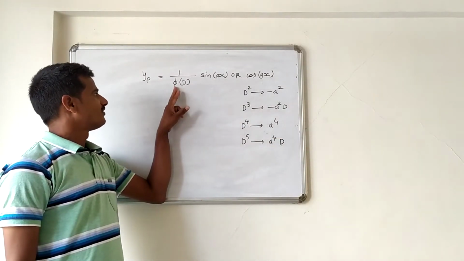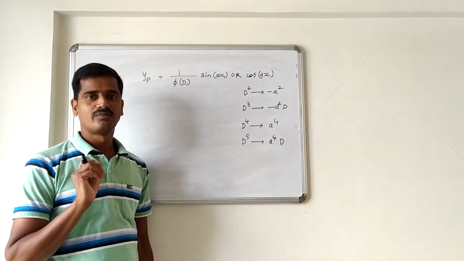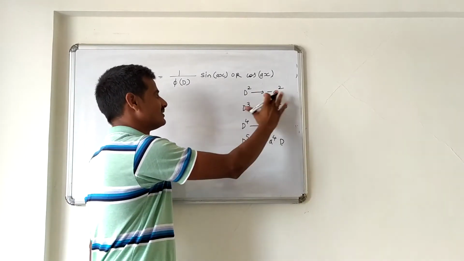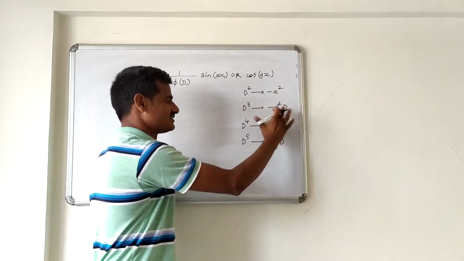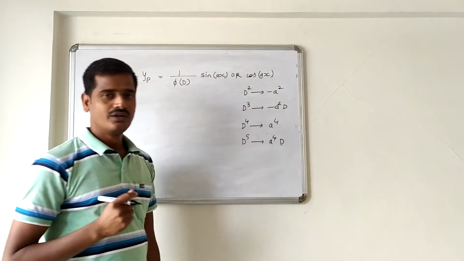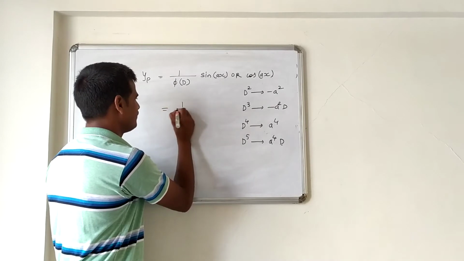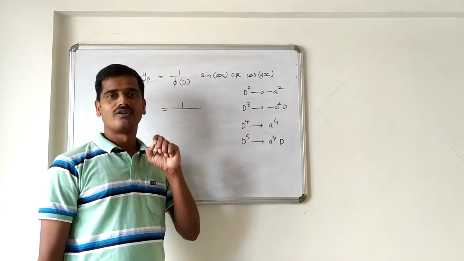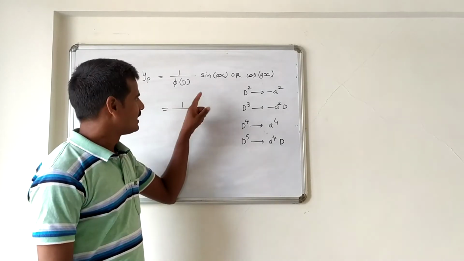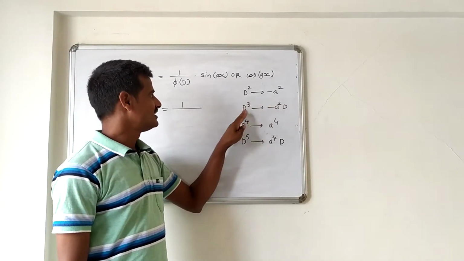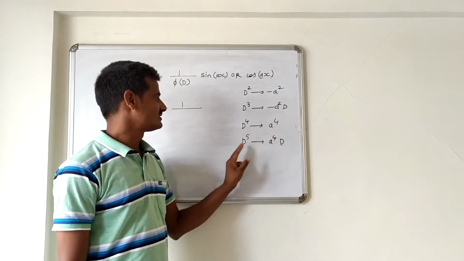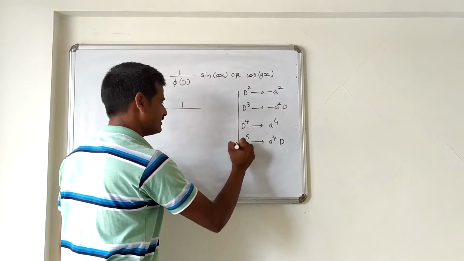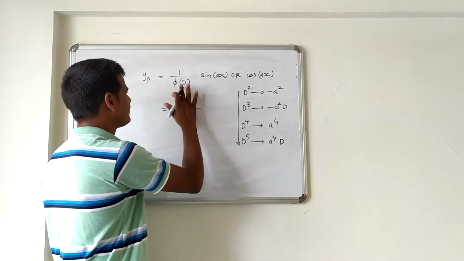Now we know that phi of d is an nth degree polynomial in d. After replacing d square by this, d cube by minus a square d, and so on, what will you finally get at the denominator?